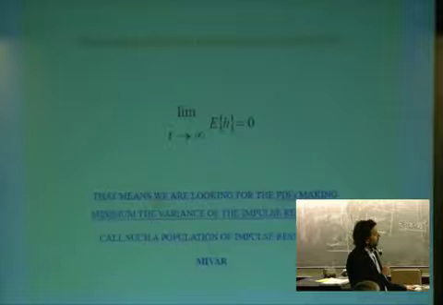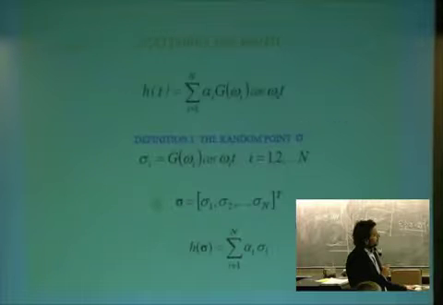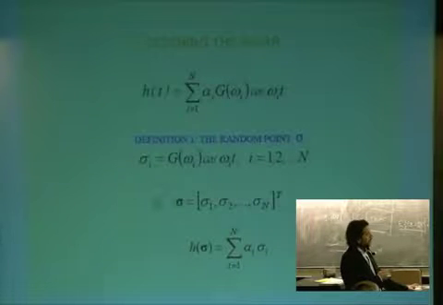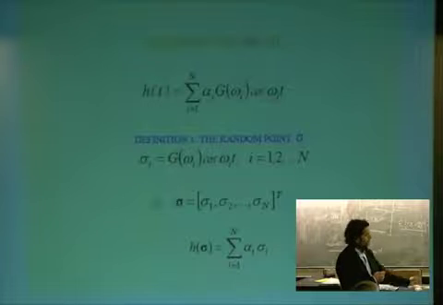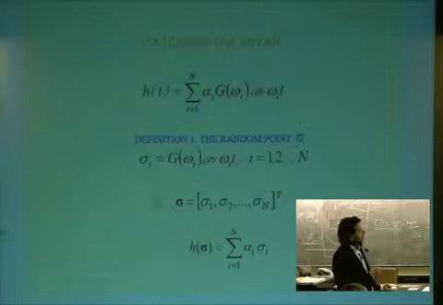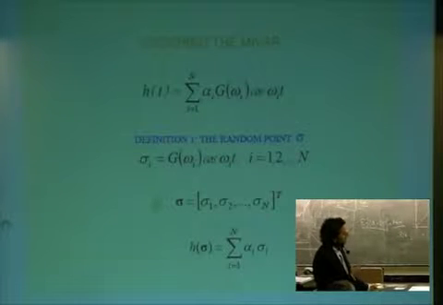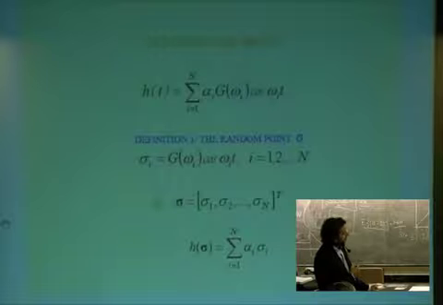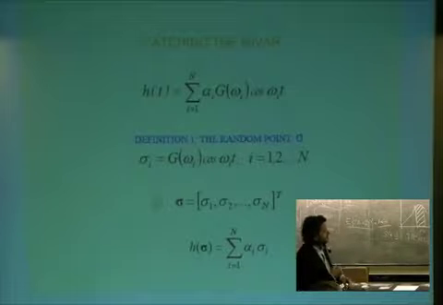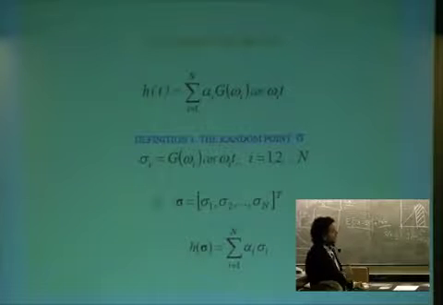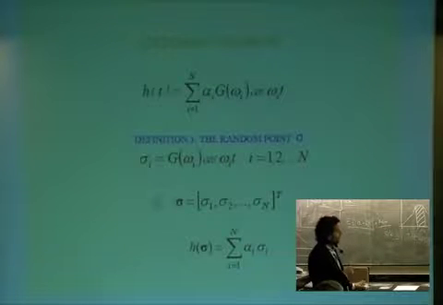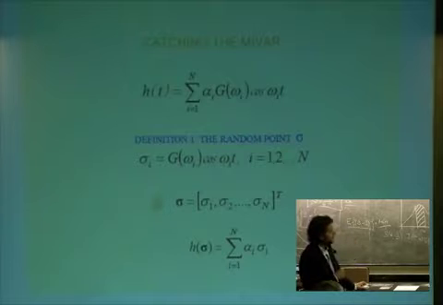So what we have to do, the mathematical point is quite sharp. We have that this is the impulse response. The omega_i are random numbers. Then we can define random points, sigma, that depend on time, so time is just a parameter. Then h(sigma) is just the representation of a summation of random variables that depend on a parameter that is time.